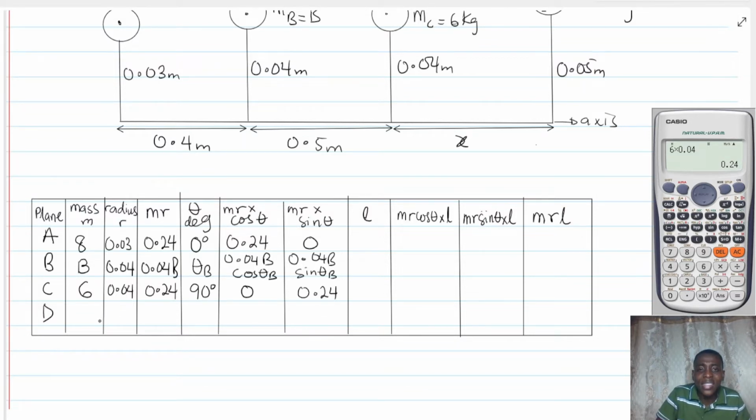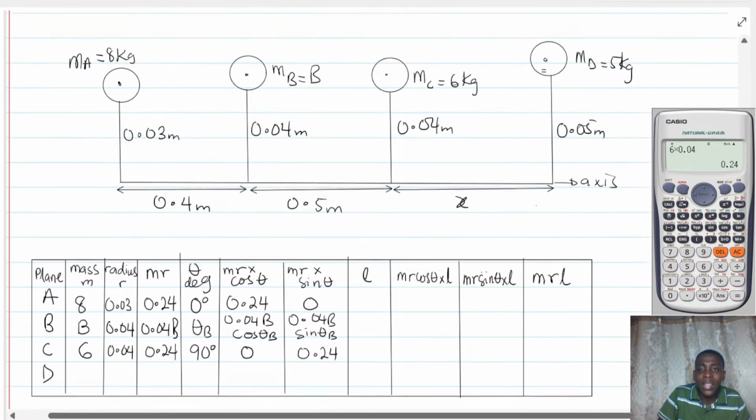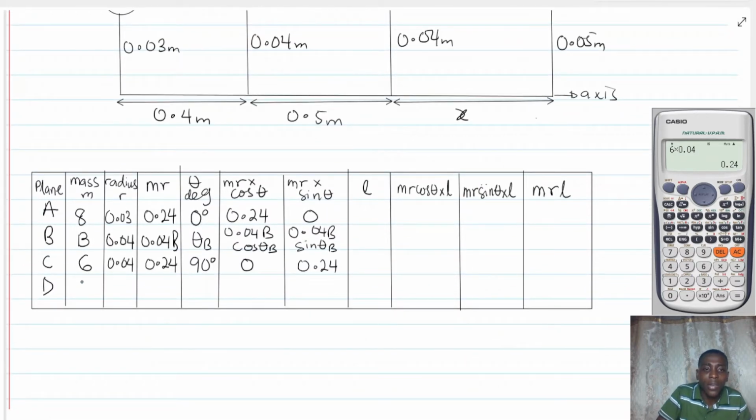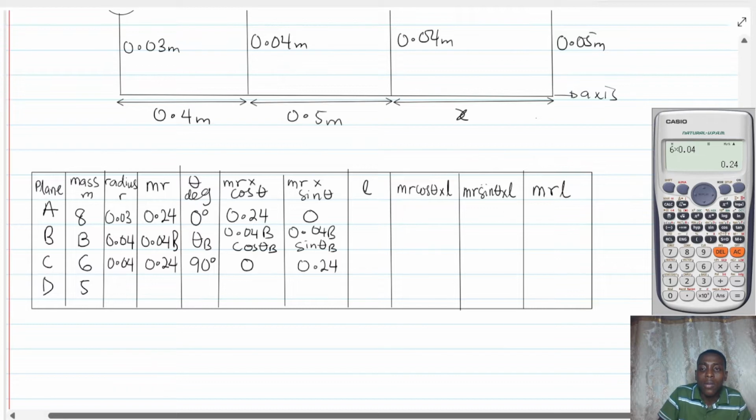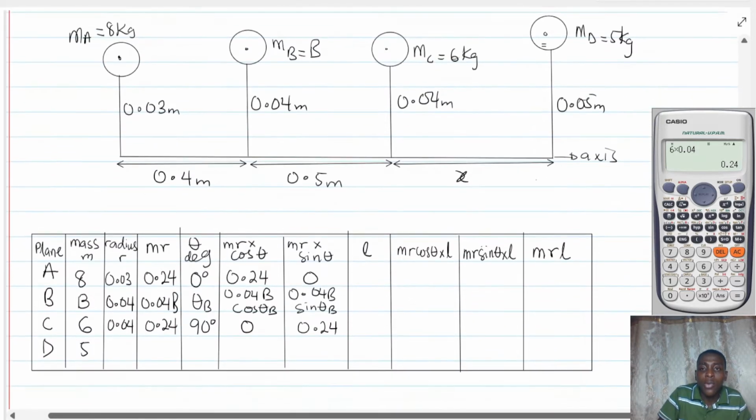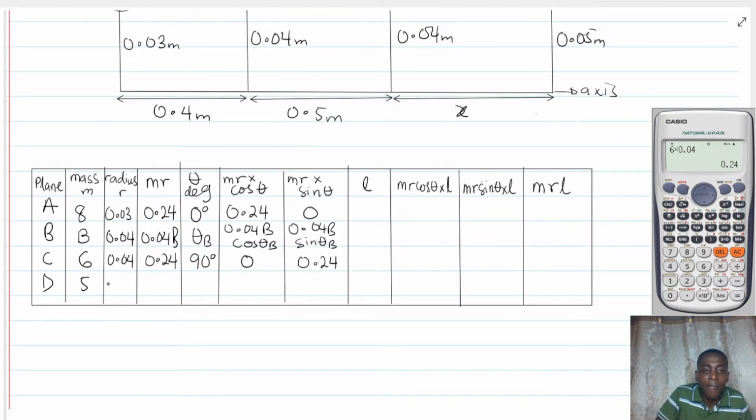And the mass at D. The mass at D was 5. And then the radius is 0.05, which is the same as the mass center or the eccentricity. 0.05 multiplied by 5 is 0.25.